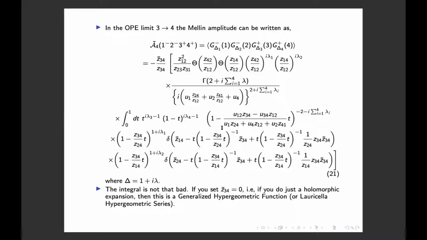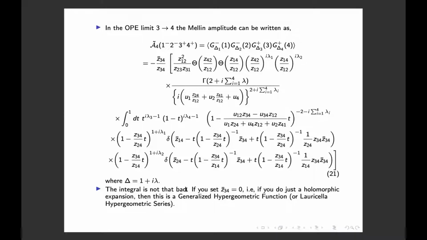So this A tilde is now given by this, and this delta is 1 plus i lambda, which is the scaling dimension. Let me just simplify this thing. This integral is not as bad as it looks. For example, if you set z bar 34 equal to 0, which is because you don't have any singularity in z bar 34.